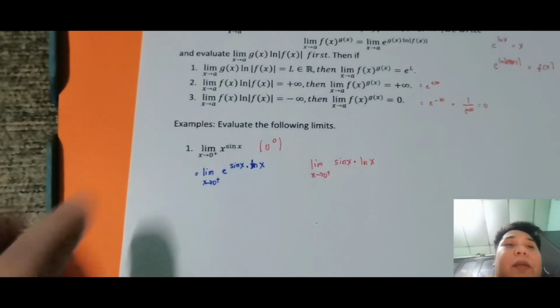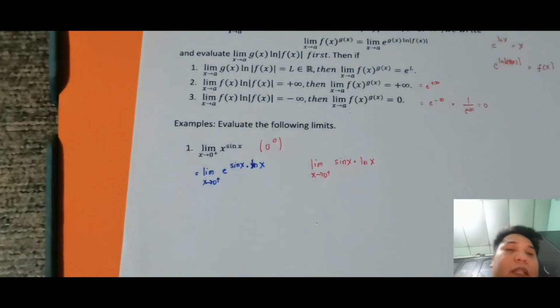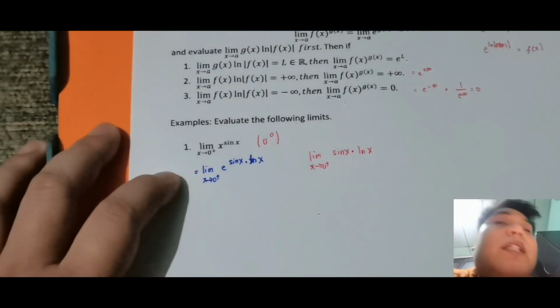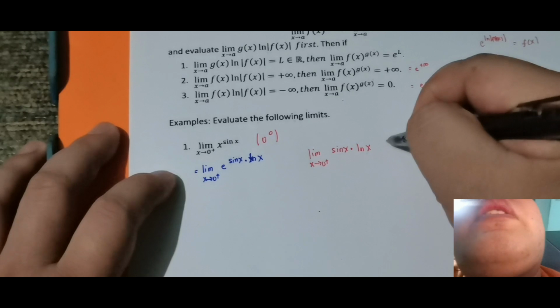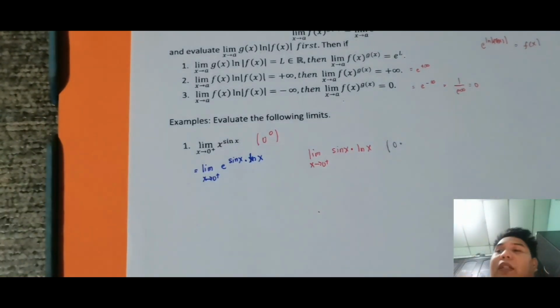Okay. Then, kagaya pa rin ng nakaraan, ano yung sin 0? Sin 0 is automatic 0. So, lagyan natin sila ng value para malaman natin anong klaseng indeterminate form. This is 0. Then, times ln ng 0 from the right. 0 from the right is 0.999 something, yung mga ganong value, 0.001, yung mga ganong value.